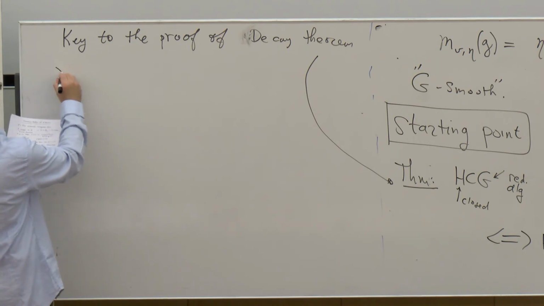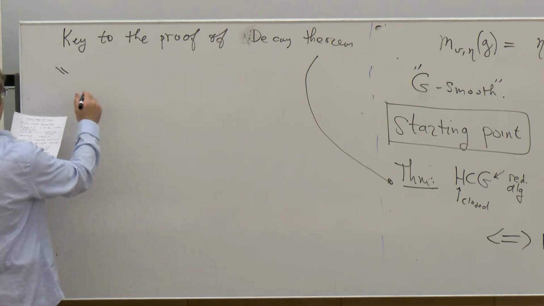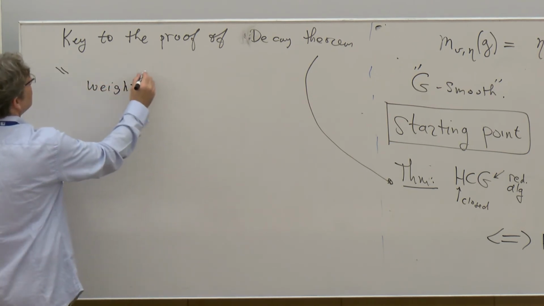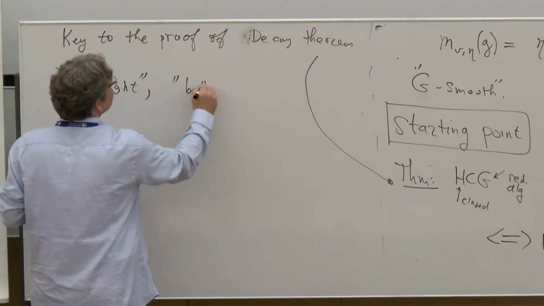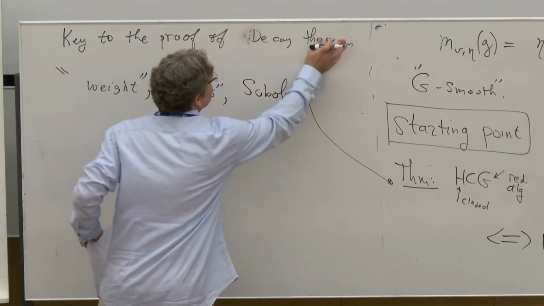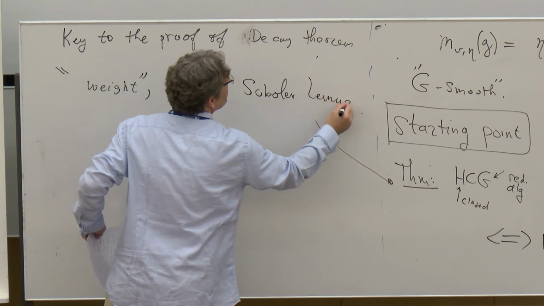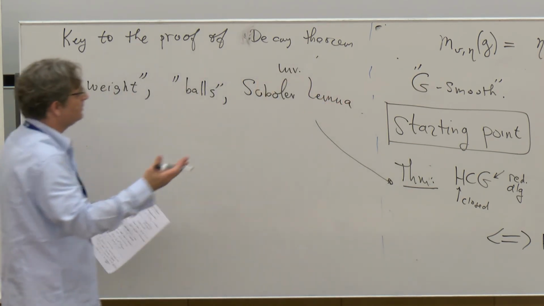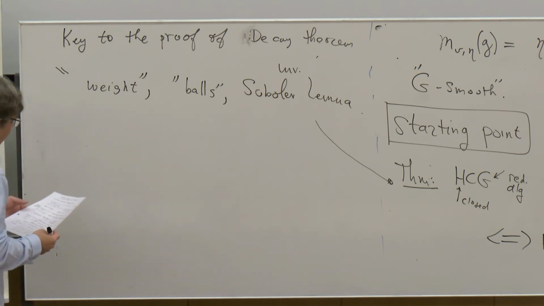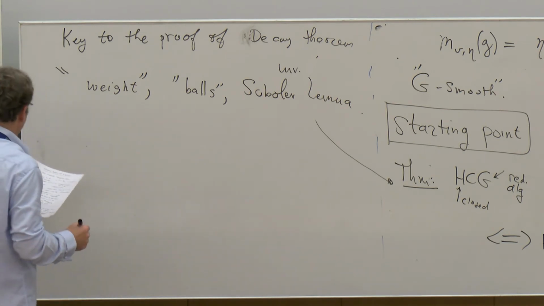So this is the notion of what's called weights, balls that you have already seen, and the invariant Sobolev lemma. So all this is very simple. It's far from being in the list of the 10 best, but it's certainly a gem.